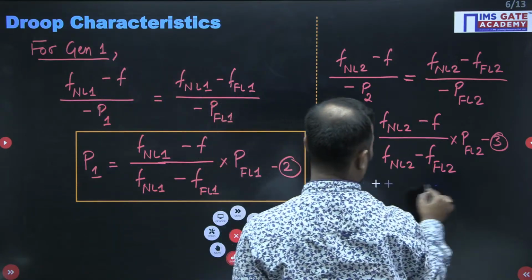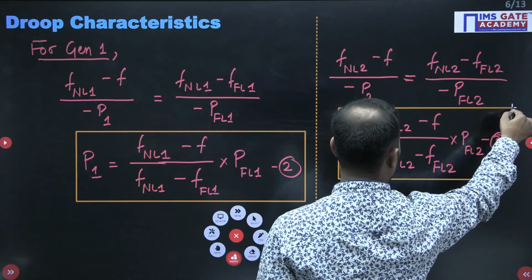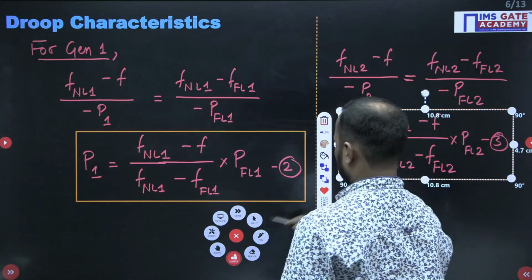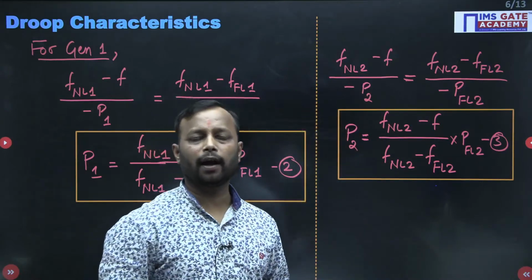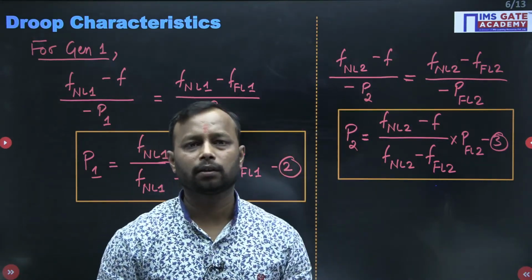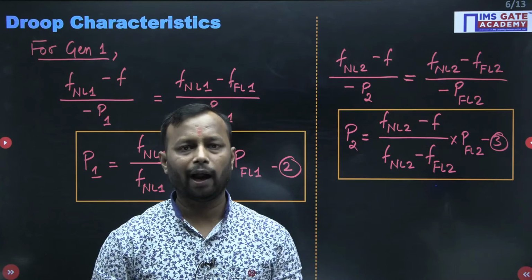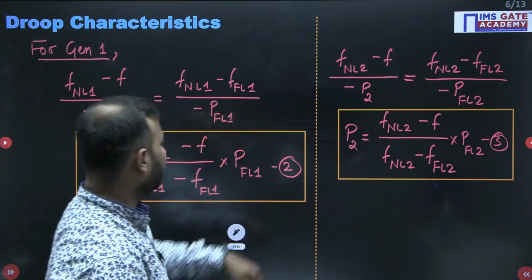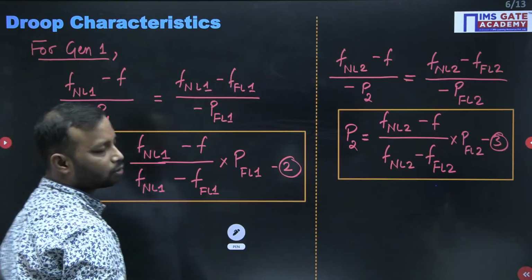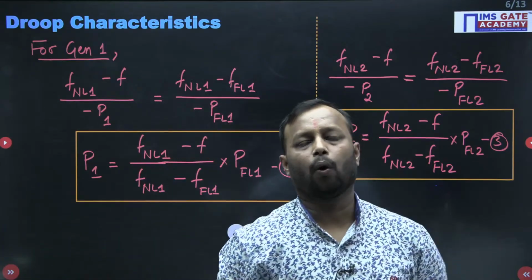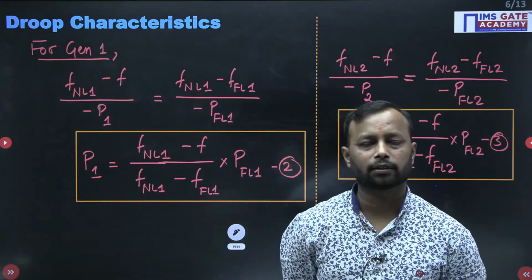Okay, so this is your equation. So how many unknowns we are having? Unknown frequency, P1 and P2. So 3 unknowns, 3 equations, 1, 2 and 3. We can easily solve all the unknown quantities.